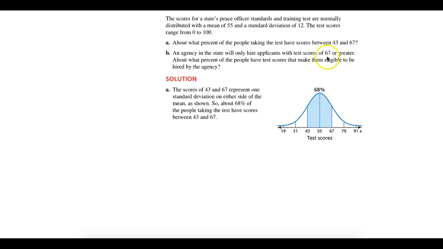They need to be 67 or greater. So we identify 67, and remember, this is +1 standard deviation right now. So they're going to want to have all their scores in this section right here. Okay, so it's going to be +1 or greater.